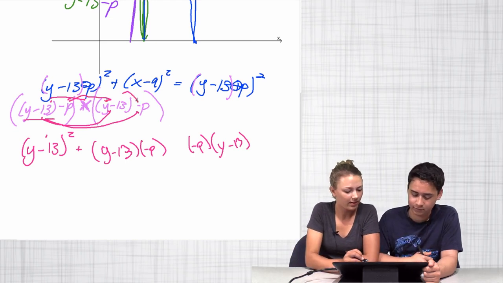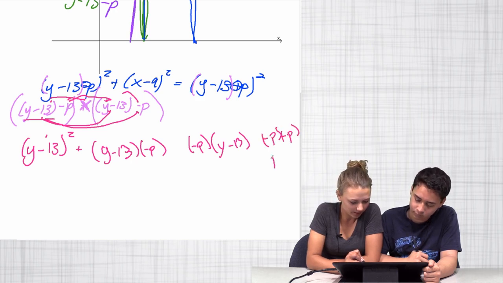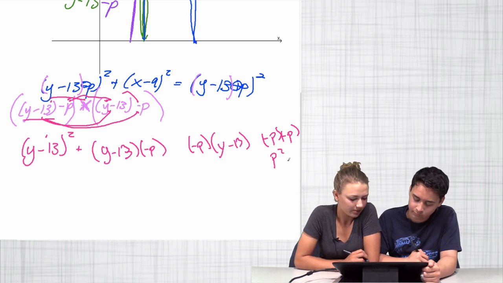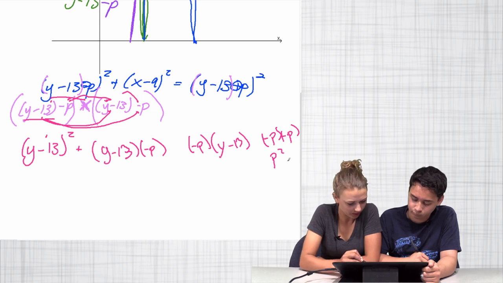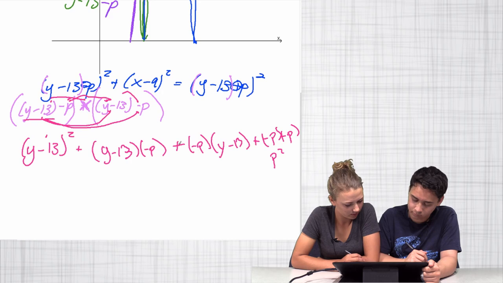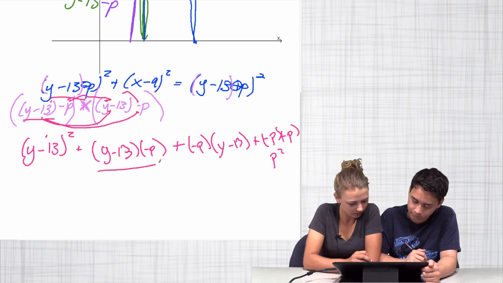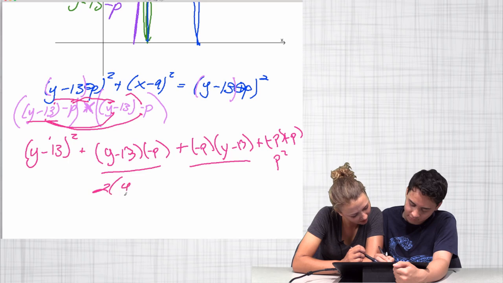Okay. And then the negative p times negative p was what? So it was negative p times negative p, which is just p squared. And between those different terms, what sign do you have? Plus. Can you combine the two middle terms? 2 times everything.